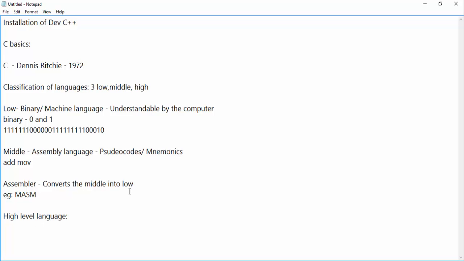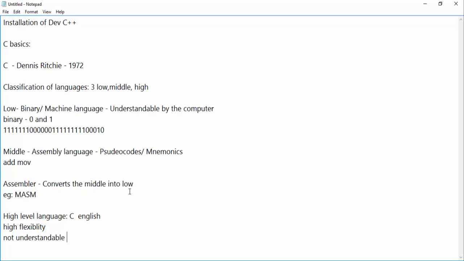And after that, when you go for the high-level language, the best example is the C language, because it is a language where we can write the source code using simple English. Some syntactical restrictions might be there, but there is high flexibility for writing source code because of the usage of simple English. This high-level language is also not understandable by the computer.